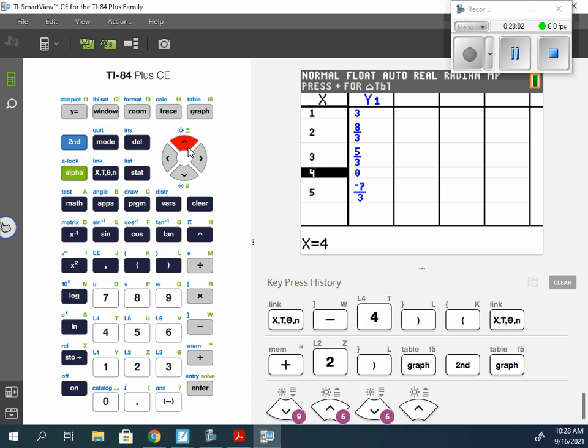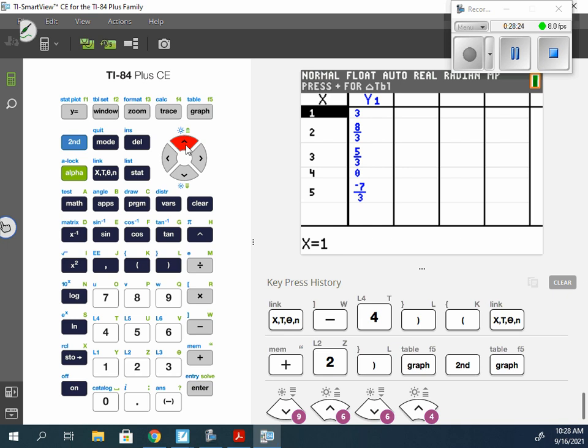Where do we think the vertex is at? I think 1. Because we can check it and say negative 2 plus 4 is, what's negative 2 plus 4? 2. 2 divided by 2 is 1.